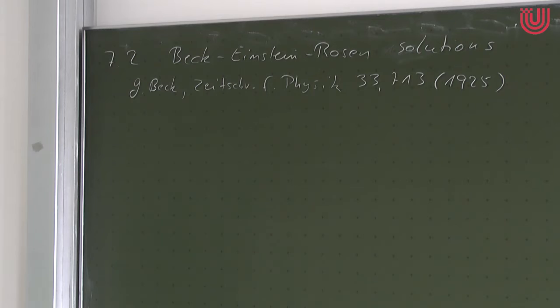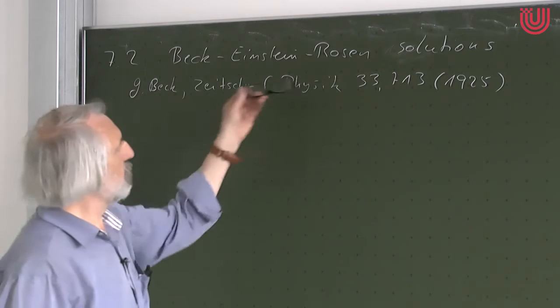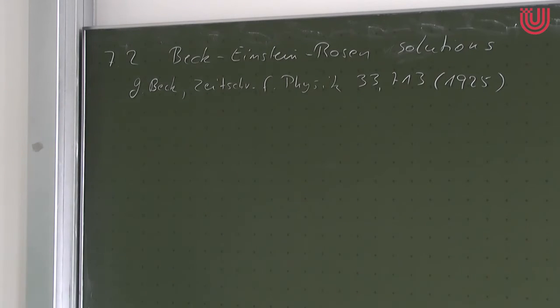This paper is still discussed today, and people still have no common opinion on this. So this work on gravitational waves by Einstein and Rosen is not quite as famous as the Einstein-Rosen-Podolsky paper, but it also has an interesting history. But the story began with Beck.